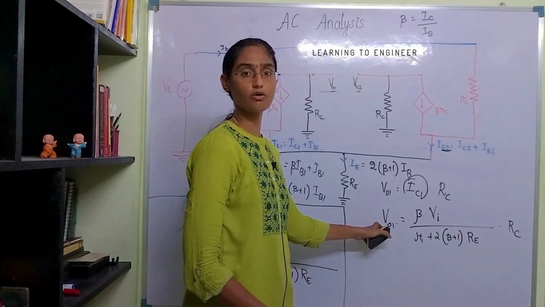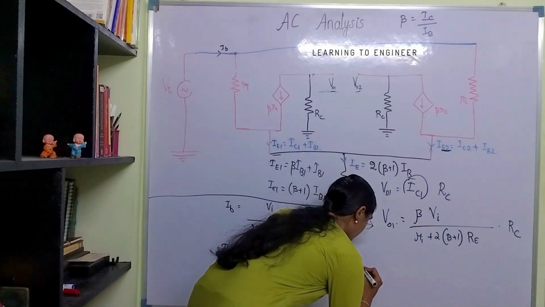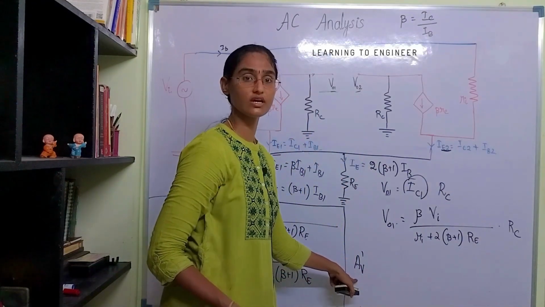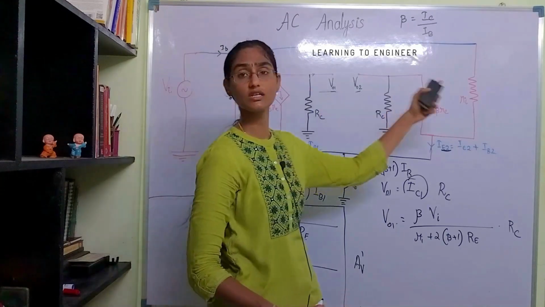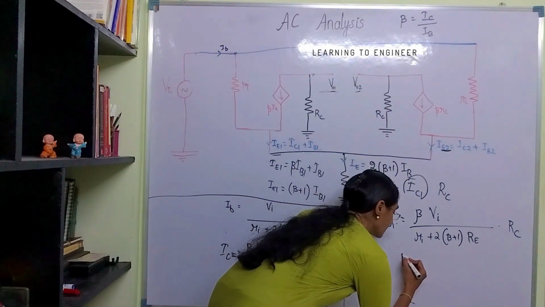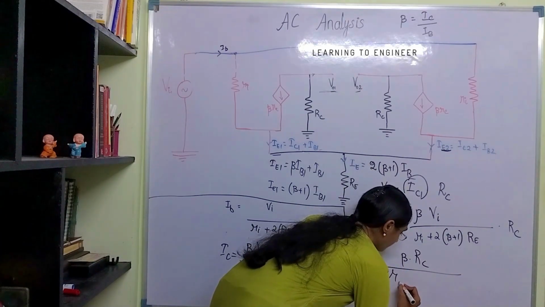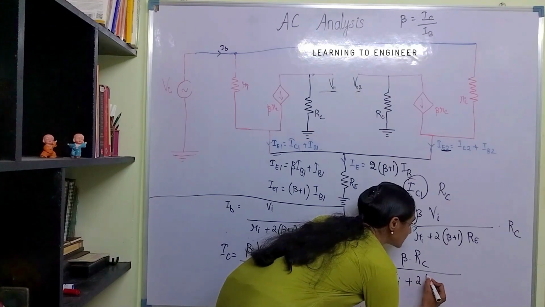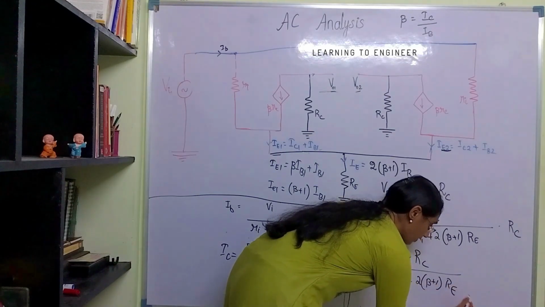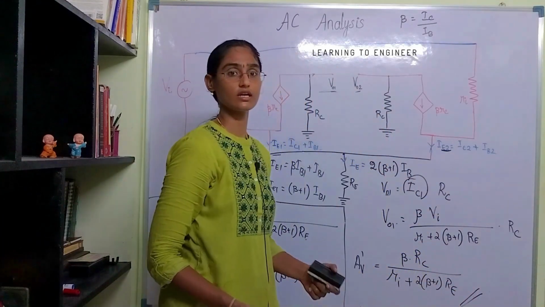The gain will be the output voltage divided by the input. So the gain, I'll put it as AV dash. This is the common mode gain because we have applied the common signal to both the terminals. The common mode gain will be beta into Rc divided by Ri plus 2 beta plus 1 into Re. So this is the value of common mode gain.